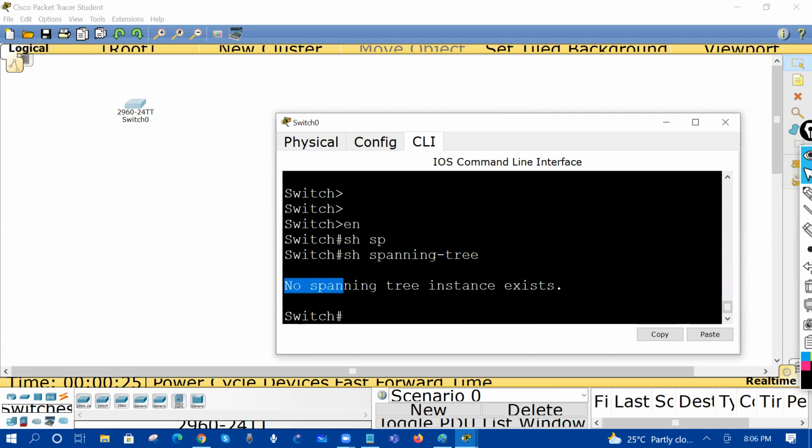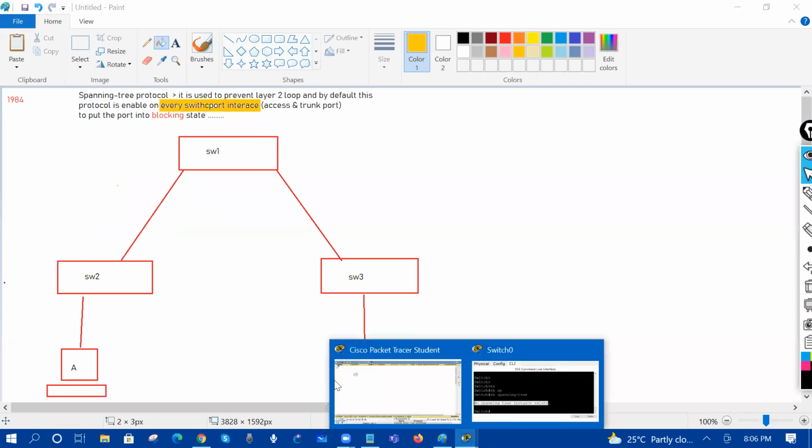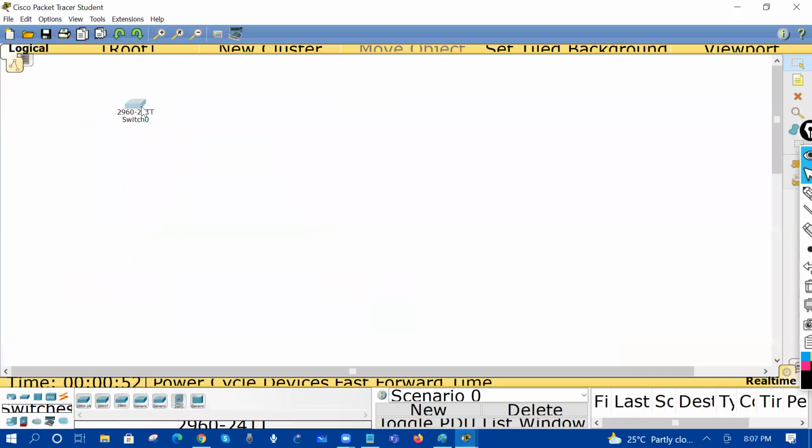It says I don't have a spanning tree. Because, as I told you, by default spanning tree is enabled on every switch port interface. Do we have any switch port over there? No. So do we have a spanning tree? No.